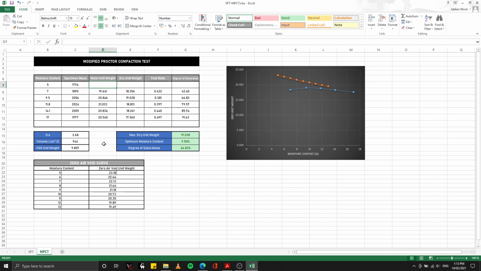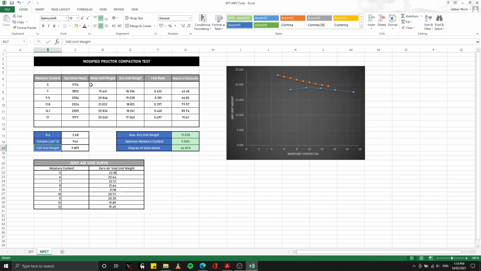For these types of problem, sa modified Proctor compaction test, ang given lang sa atin is ang moisture content, ang specimen mass, ang specific gravity ng soil, ang volume ng solid or ng soil, and ang unit weight of water. Let's begin.